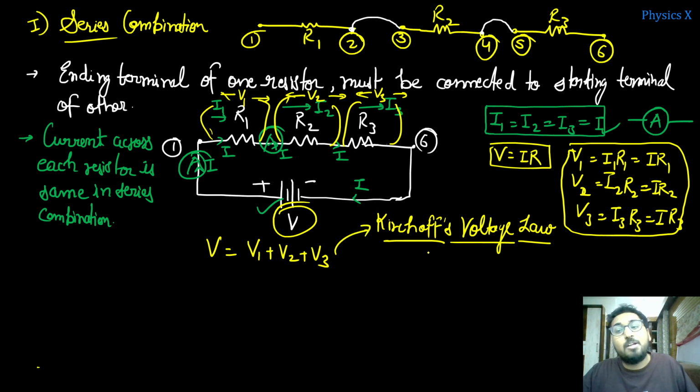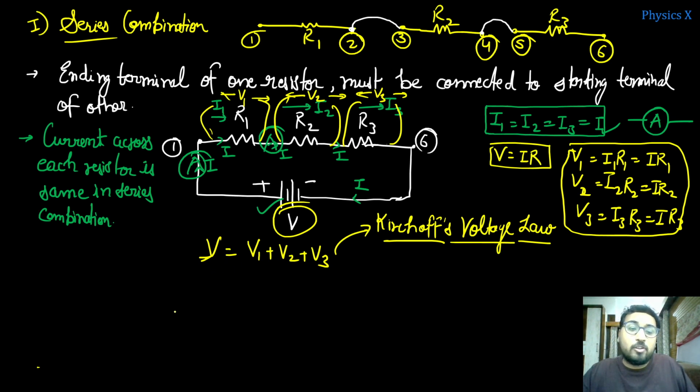In your textbook, it is mentioned that if you connect a voltmeter across each resistor and sum these, you will get the total voltage of the battery supplied to this circuit. That is nothing but a verification of Kirchhoff's voltage law.